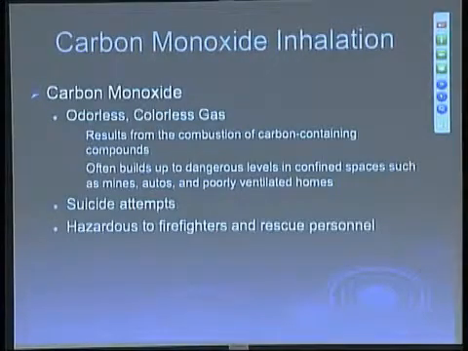Carbon monoxide, colorless, odorless gas. It's incomplete combustion of carbon-containing compounds, often in confined spaces, such as a house fire, mines. We don't see a lot of them around here. Autos, people sometimes commit suicide by sticking a hose into their exhaust.